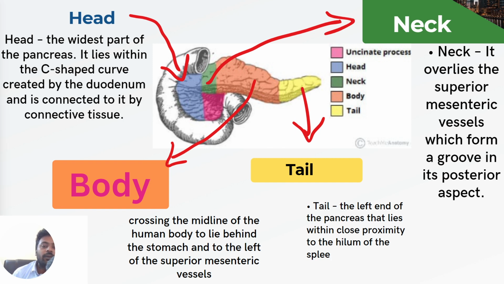The body is centrally located, crossing the midline to lie behind the stomach and to the left of the superior mesenteric vessels. The tail is the left end of the pancreas that lies in close proximity to the hilum of the spleen. It is contained within the splenorenal ligament. This is the only part of the pancreas that is intraperitoneal.